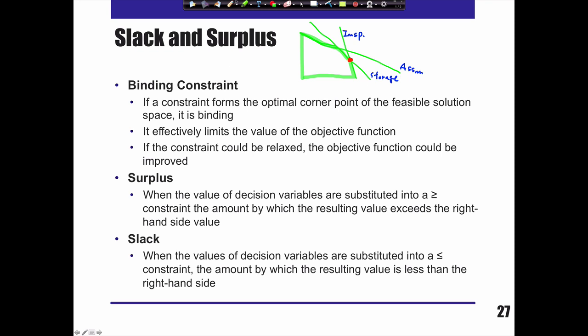In this case, we call the inspection and the storage constraints binding constraints, because we are using all of the resource. So we call it binding. And then the nonbinding constraint is assembly, because I'm not using all the assembly hours. So that assembly hour constraint is a nonbinding constraint.